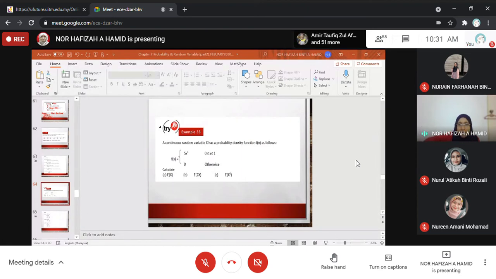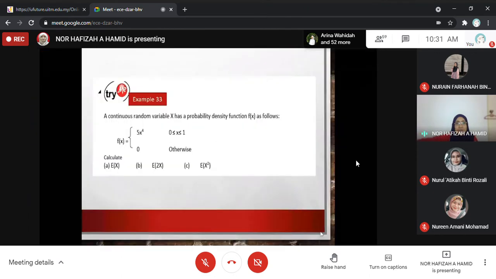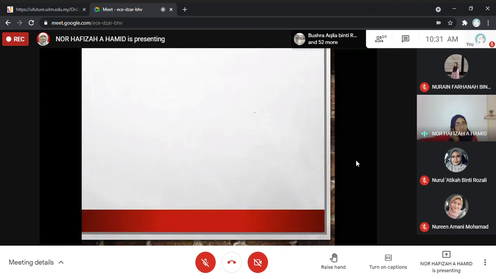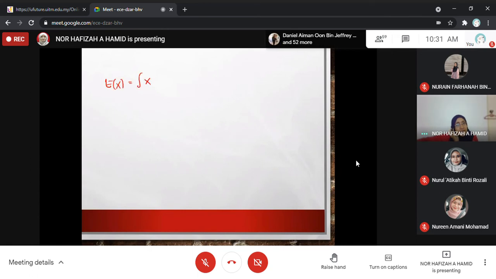So you need to calculate E(X). For a probability density function, the formula for E(X) is equal to the integration of x times f(x) dx. In this case, you have the limits from 0 until 1.